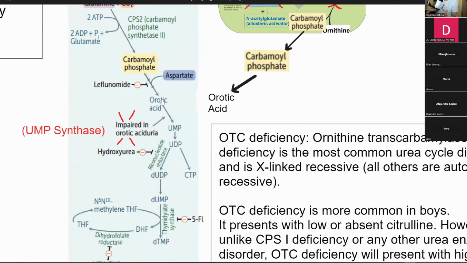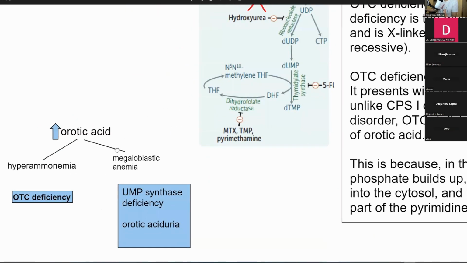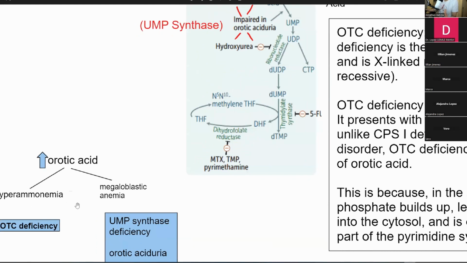It will have increased uric acid because of the rule that we spoke about: if I block the conversion of uric acid to UMP, guess what will happen? I'll have increased uric acid. So this will have increased uric acid, but it will not have a problem with ammonia.